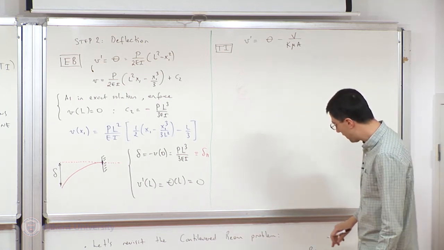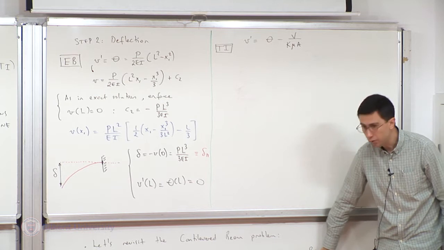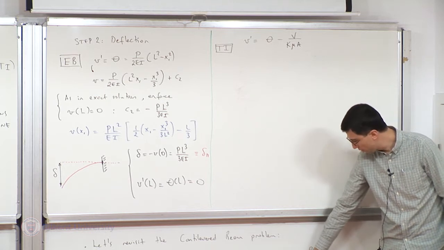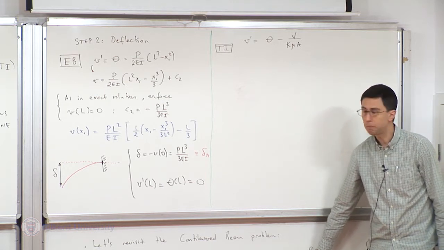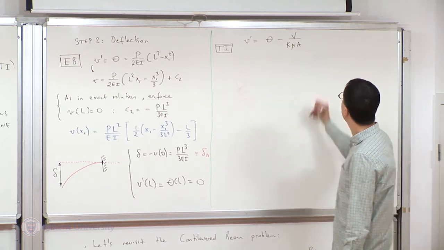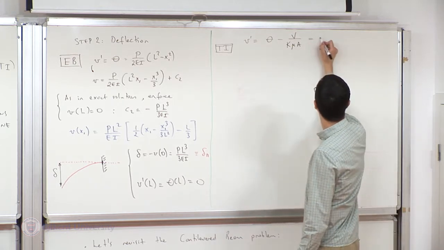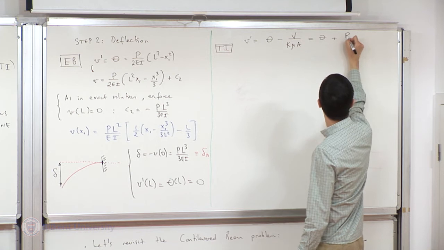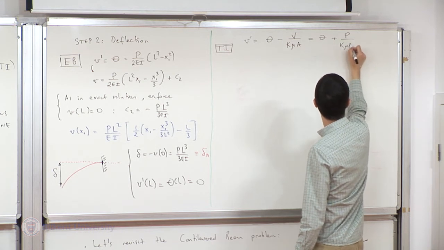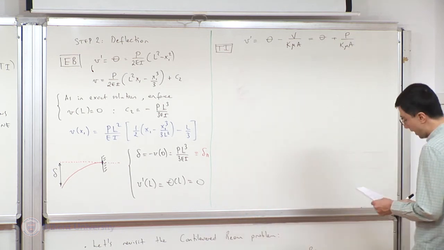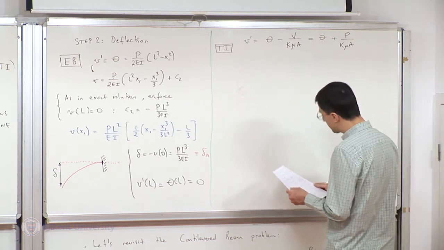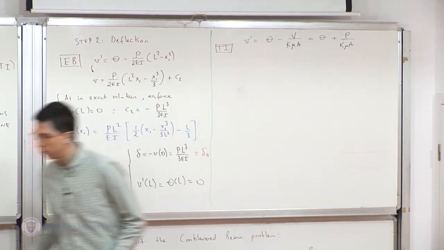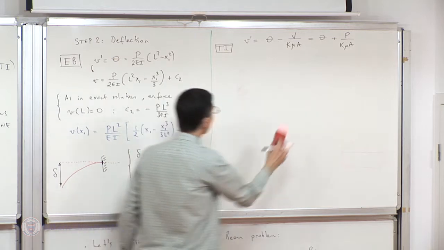If we look at the picture down here, the shear force is simply equal to minus P. And therefore, we have theta plus P over K mu A. Sorry, let us plug in what theta is so we can do the integration.